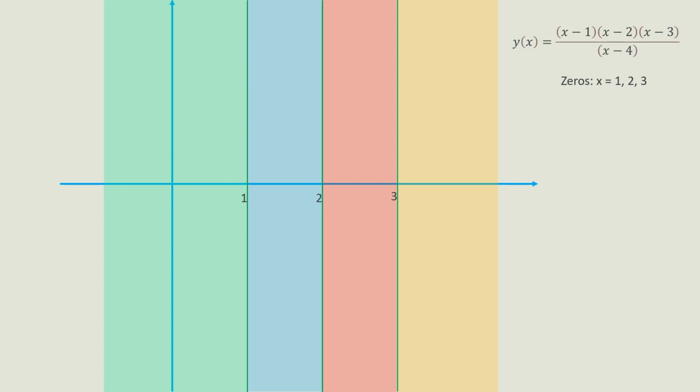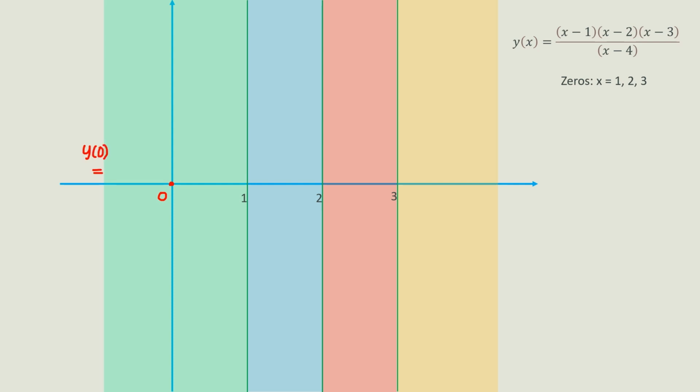Now I have to analyze the value of the function in each of these regions so that I can cover the complete plane. I want to know how the graph looks, or what value it takes, to the left of x equal to 1. For that, I take an obvious point x equal to 0 and substitute it in the equation, y of 0.